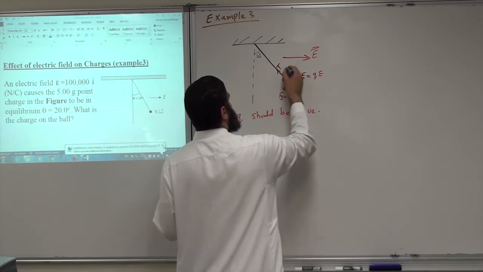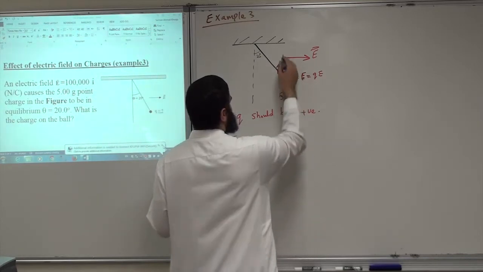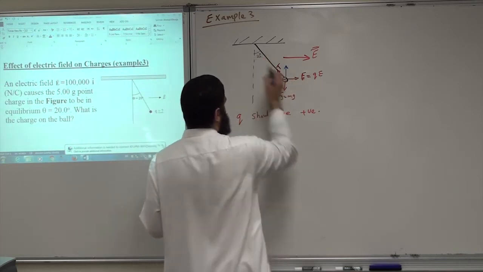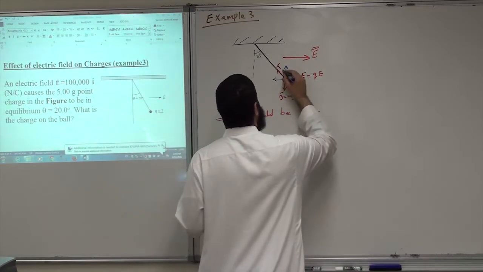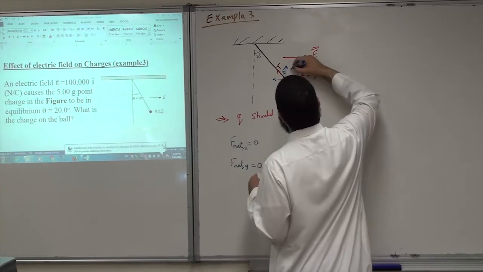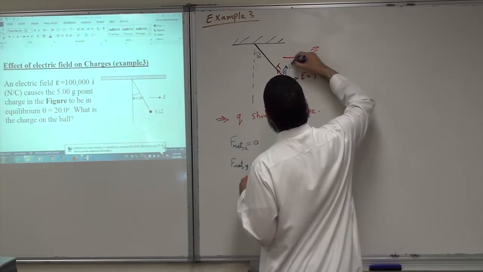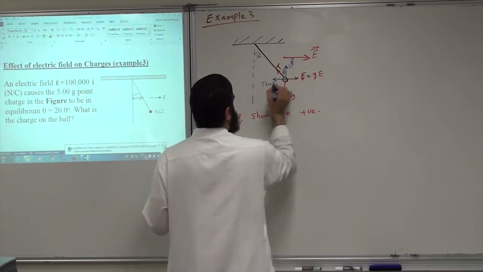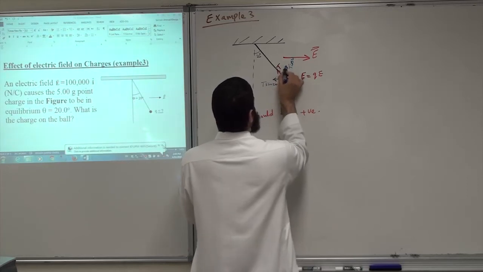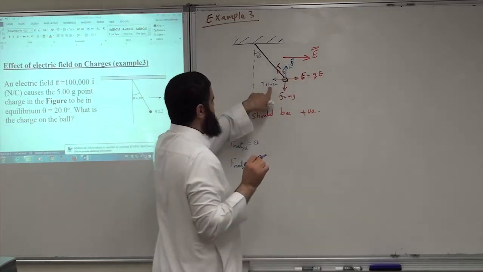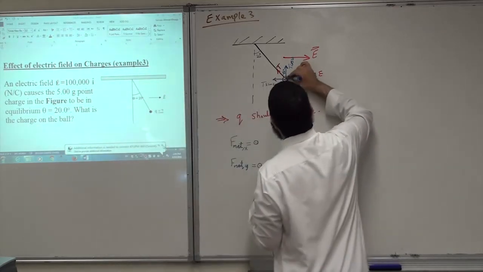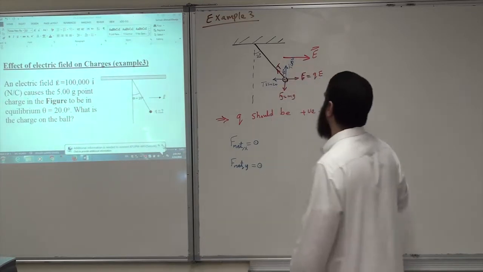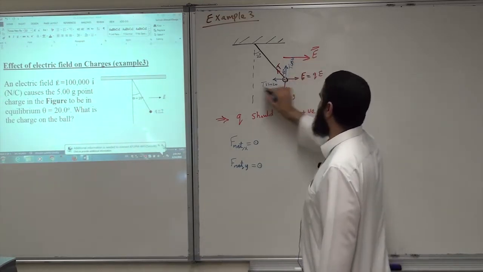One component along the positive Y, and another component which is along the negative X. If that was 20 degrees, this is 20 degrees as well. So here we'll have T, this component is T cosine 20, and this will be T sine 20. This is opposite to the 20, opposite gets sine, and this component is the adjacent of this angle, so it will take the cosine. T cosine 20, this is T sine 20.